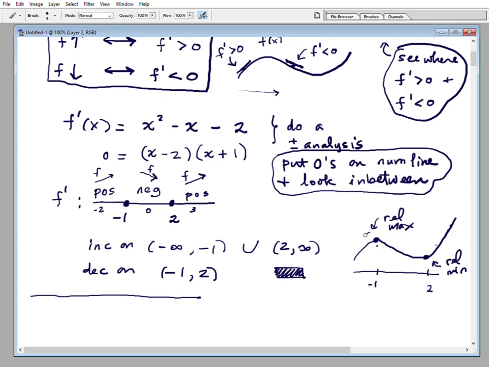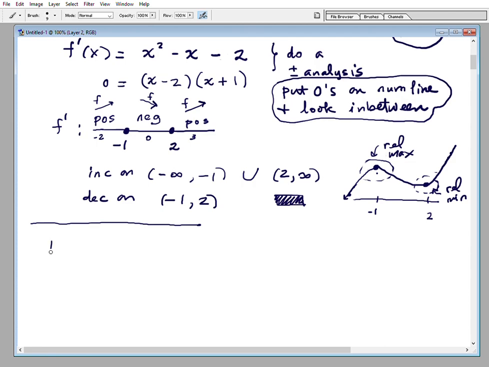But relative only to the points around it, this is the max. And this one's the minimum in this little location relative to the points around it. But down here, we do have y values that are smaller than this y value. But that's why it's called a relative max or relative min. Okay.